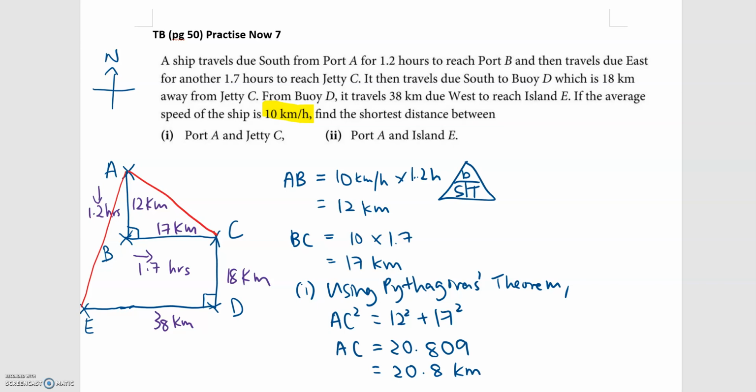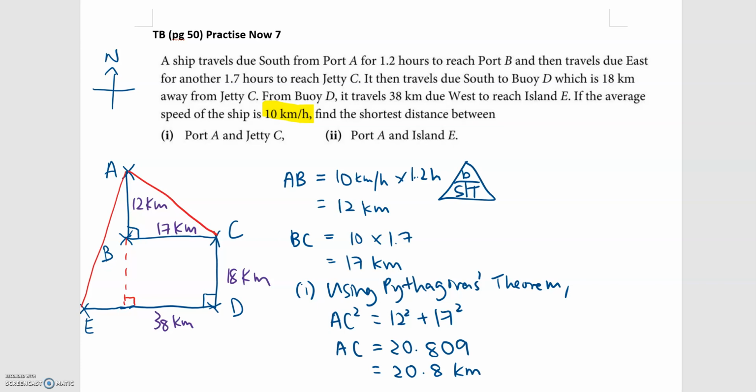Okay, so what I can do is to actually use this over here. I have to form my own right angle triangle. Okay, so now I don't really need this information or this information anymore. So I'm just getting rid of it for clarity's sake. Okay, so I actually have my own rectangle here.